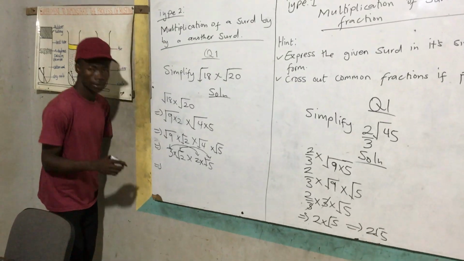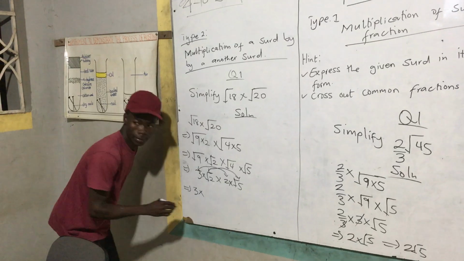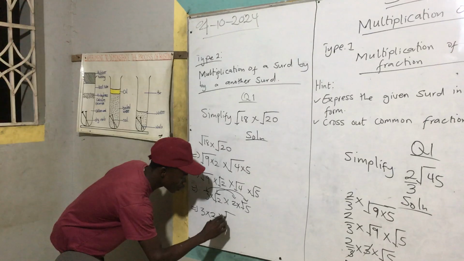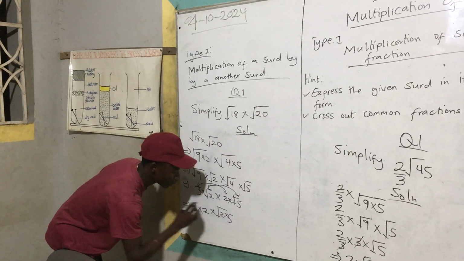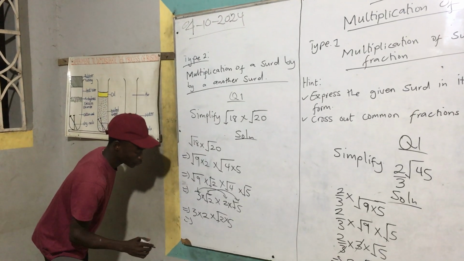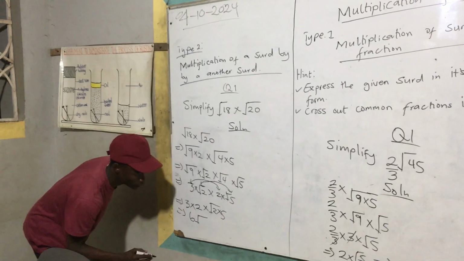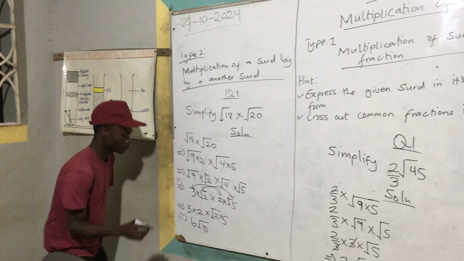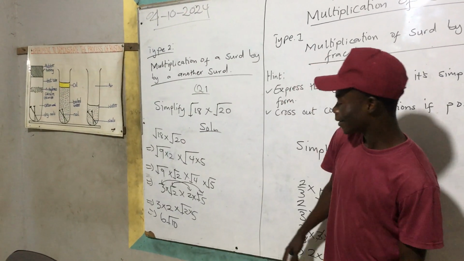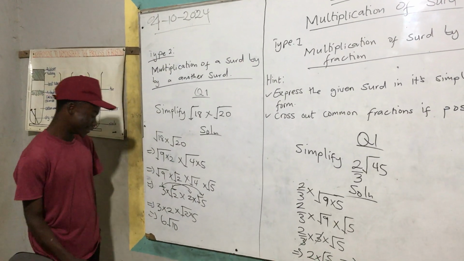Alright, so we do. That is the third property of a surd. Remember, so we have 3 times 2 times root of 2 times 5. And we are having 2 times 3 is 6. The root of 2 times 5 is 10. And our final answer is 6 root 10.